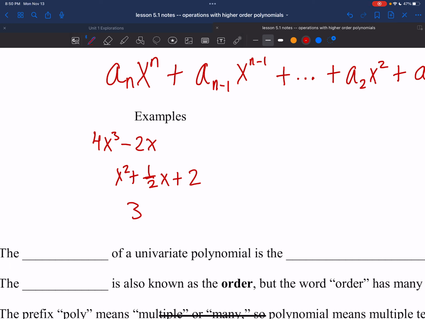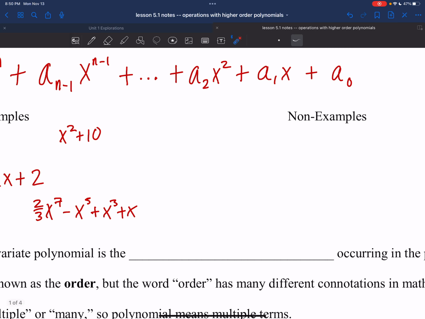How about x squared plus 10? How about x to the 7th minus x to the 5th plus x cubed plus x, and I'll put a 2/3 in front of here. I don't care. You'll notice that in all of these examples, the exponents are all whole numbers.